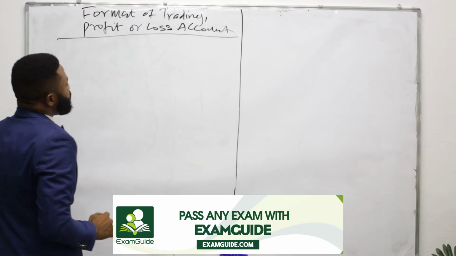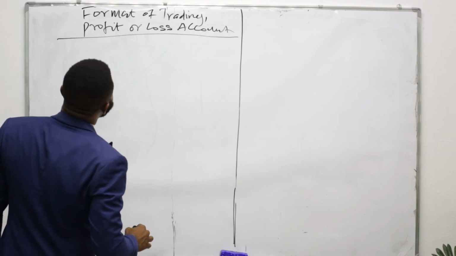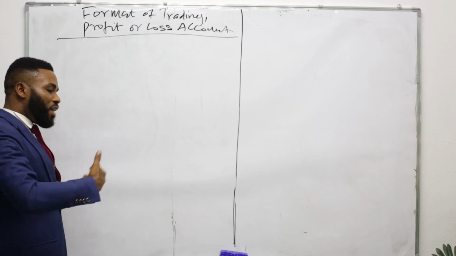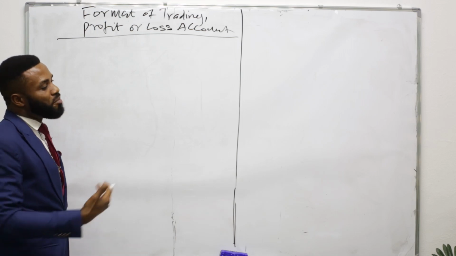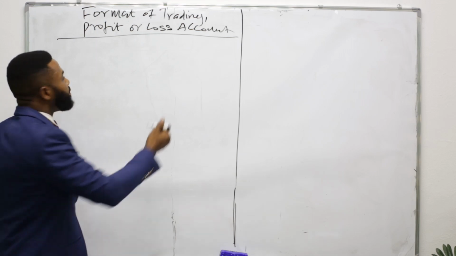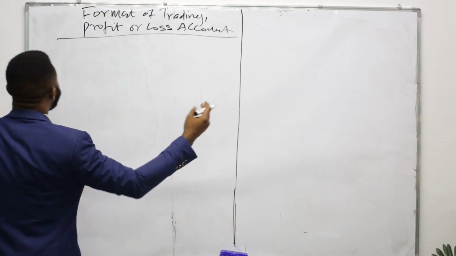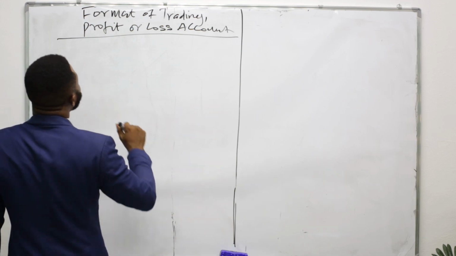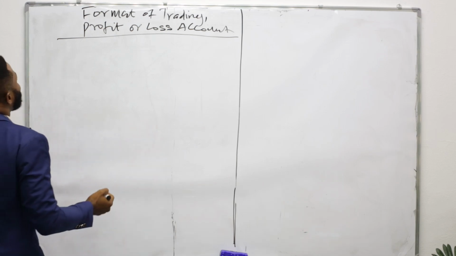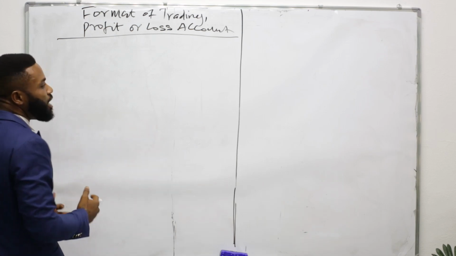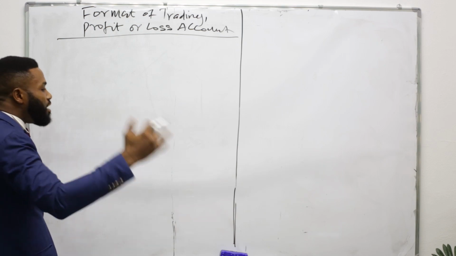Let me open this account in my own name. Or let me choose a company. Let's just choose a company ABC. So we are opening this account in the name of ABC Limited.